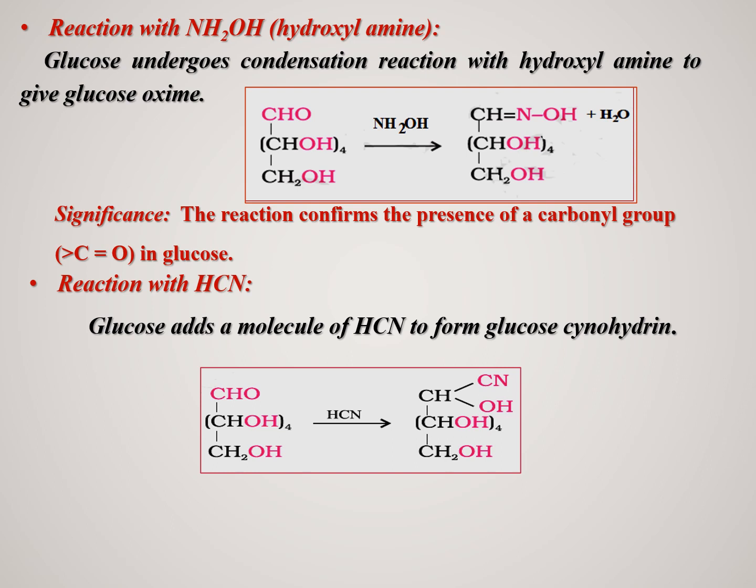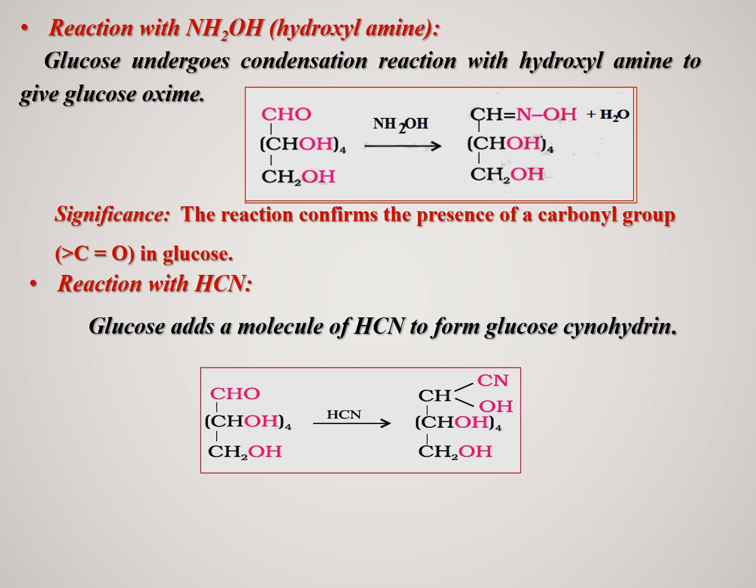The hydrogen part of hydrogen cyanide attacks the oxygen of the aldehyde group, converting it into OH, and the cyanide part attacks the carbon atom of our aldehyde group, to convert it into the compound which is called glucose cyanohydrin.